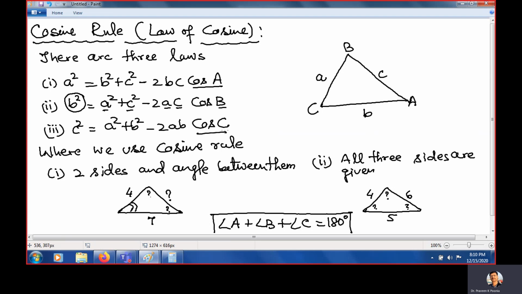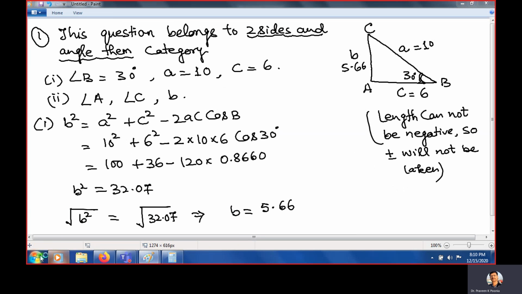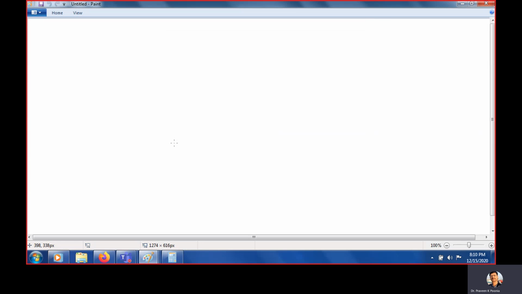If you want to find cosine C, use the third equation. So let us use equation number 1. Sorry, equation number 2, it is A square is equal to B square plus C square minus twice of BC cosine of A.